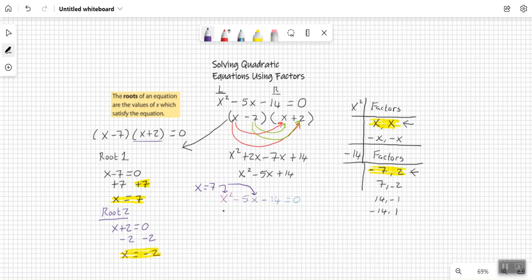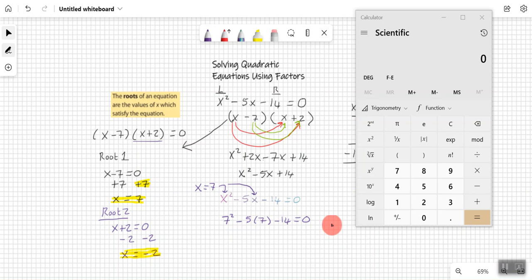So what would that look like? Wherever there's an x, I put in this 7. So again, 7 squared minus 5 times 7 minus 14 should be equal to 0. Okay, so if this is a root of this quadratic equation, it should satisfy the equation and be equal to 0.